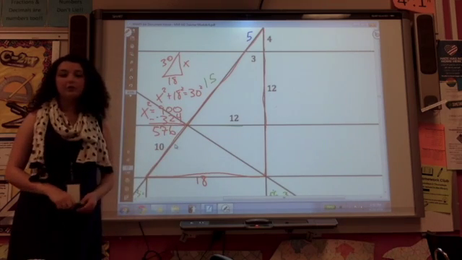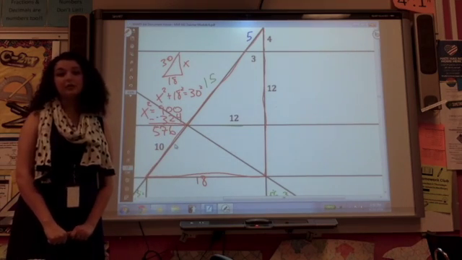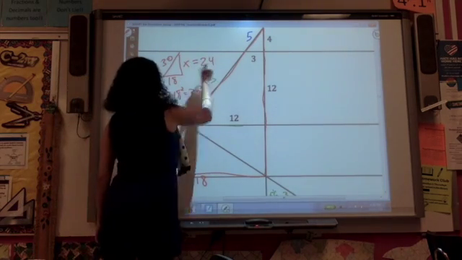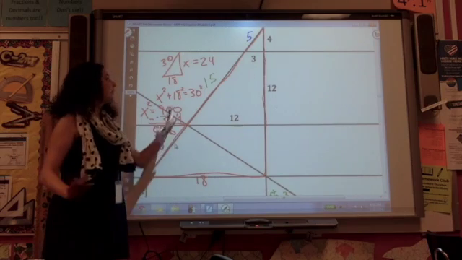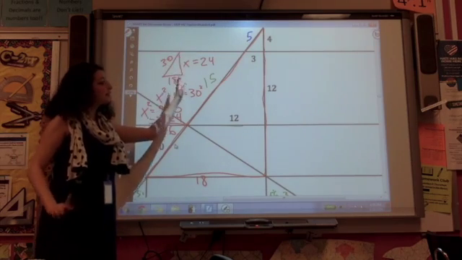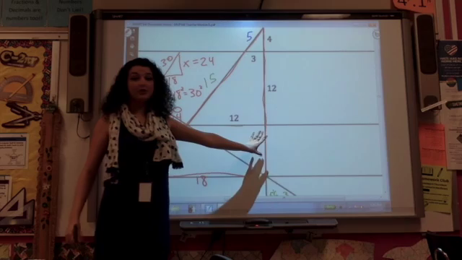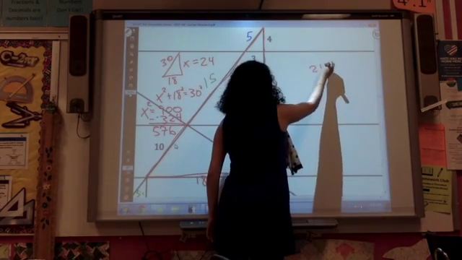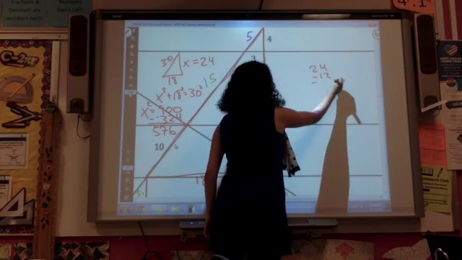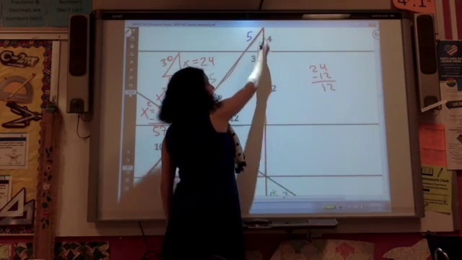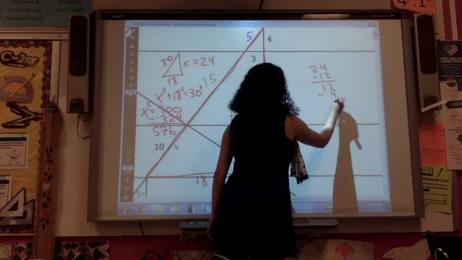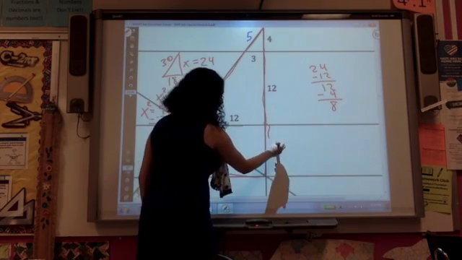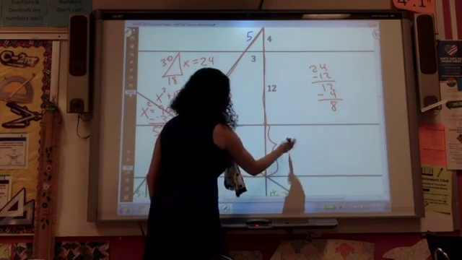The square root of 576 is equal to 24, so x equals 24. But x represents the entire length. We're only looking for this small part right here. So we need to say 24 minus 12, which is 12, and then minus 4, which is 8. So this side length from here to here is 8.